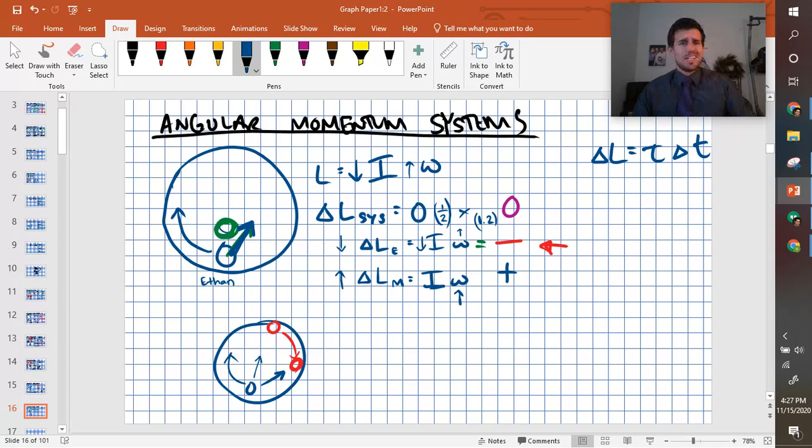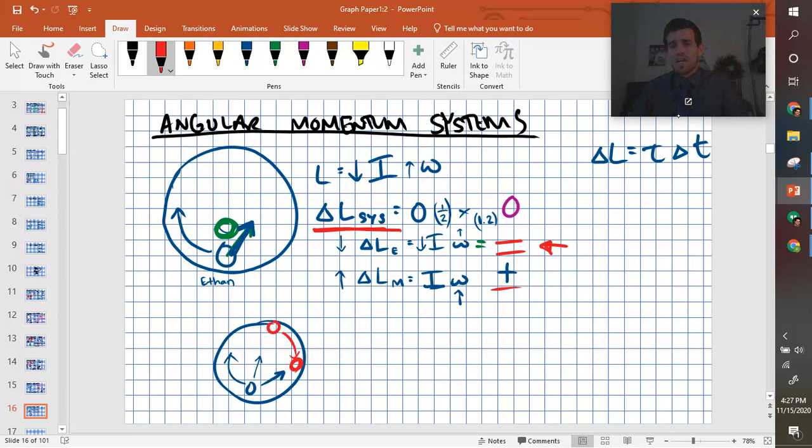So the big takeaways, and I'm sorry if this has been confusing at all, are that angular momentum is conserved within systems, but within individual parts of the system, that isn't necessarily true, and almost definitely isn't true if something within the system is changing. So if we have a system where the angular momentum is constant, we can still have a decrease and increase in individual parts.